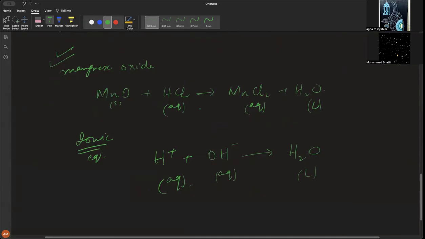Is this clear? So this reaction is not a neutralization reaction, right? Not a neutralization reaction.